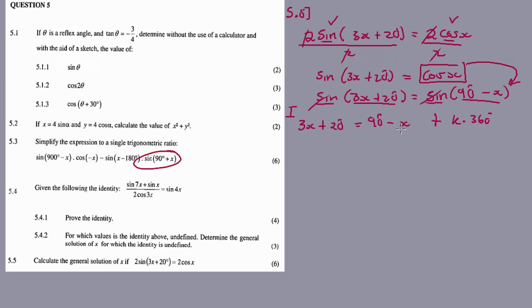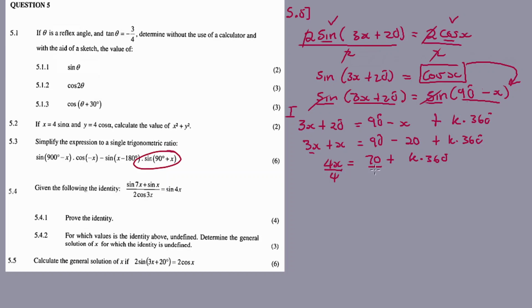Then we make x the subject. 3x plus x is 4x, equals 90 minus 20, which is 70, plus k times 360.